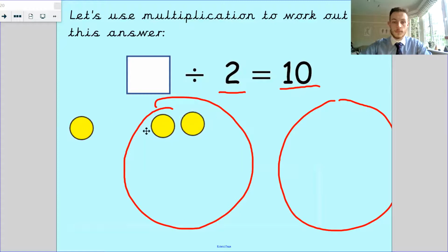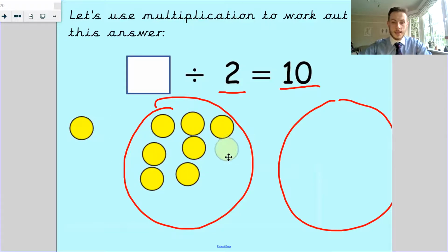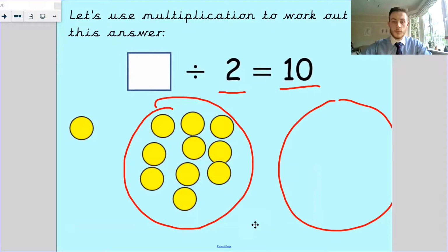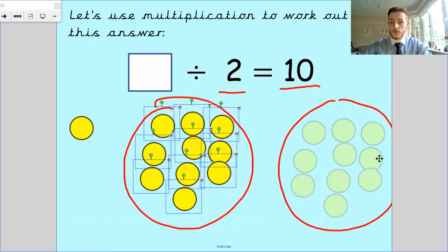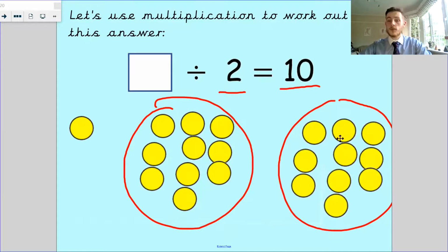So 1, 2, 3, 4, 5, 6, 7, 8, 9, 10. I've got 10 there. So what I'm going to do now is I'm going to copy all of them, and I'm going to put 10 on the other side there. So now I've got 10 on one side, 1, 2, 3, 4, 5, 6, 7, 8, 9, 10.